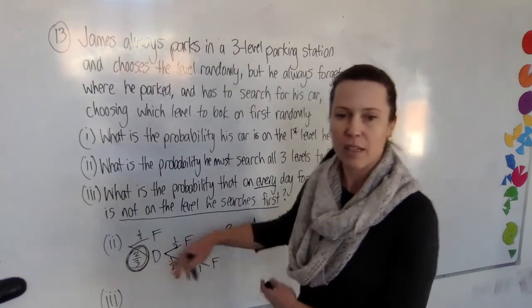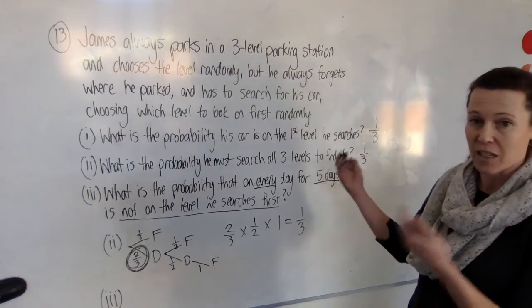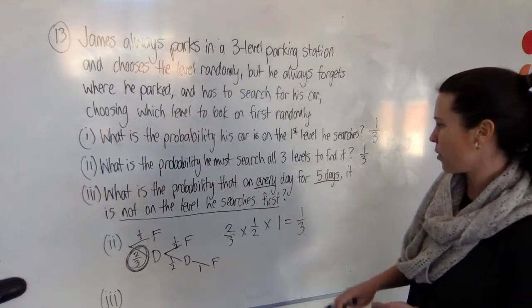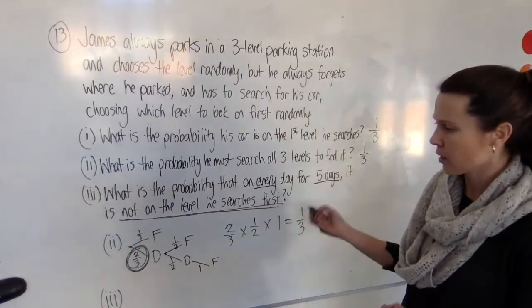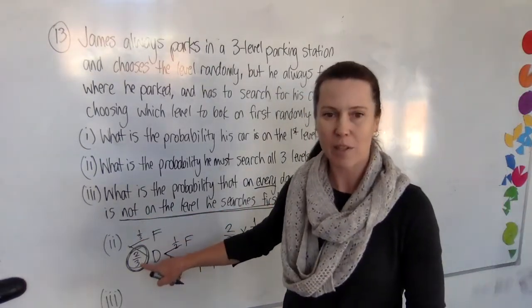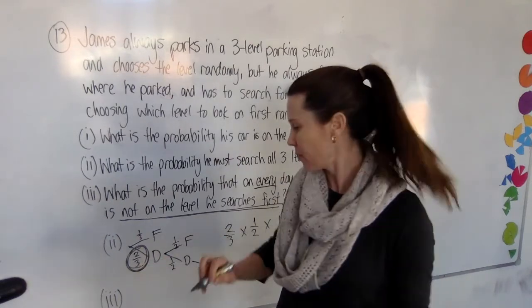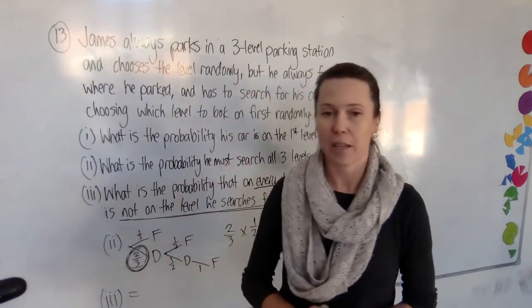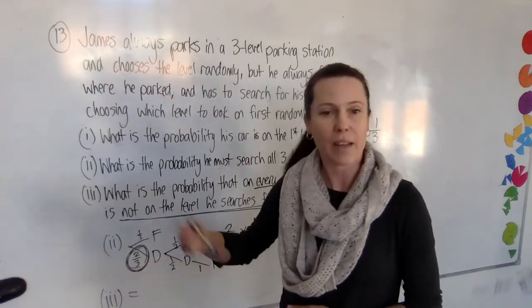And we don't even really need to consider what happens after that because the question doesn't say how many levels he did have to look on, whether it was on the 2nd level or the 3rd level. It just says that it's not on the level he searches first. So he has this situation happen to him 5 days in a row. What are the chances of that? Well, all we need to do is think he has this happen, and then the next day he has it happen again, and then again and again.